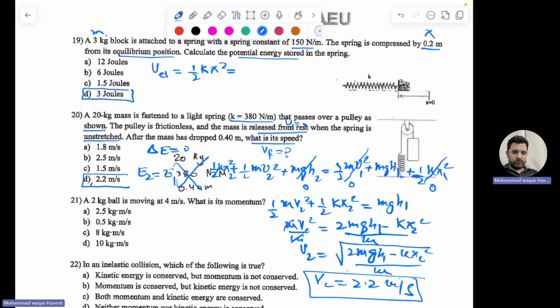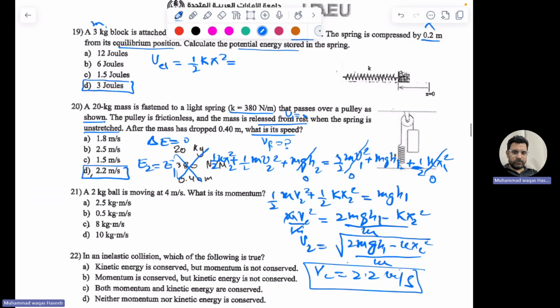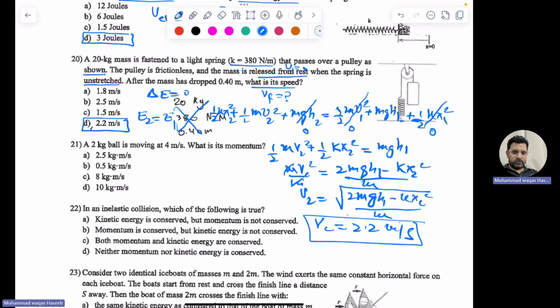Next question is, a 2 kilogram ball is moving at 4 meters per second. What is the momentum? So momentum P is equal to mv. So m is there, v is there, just multiply it.